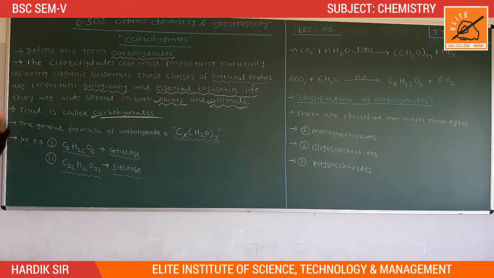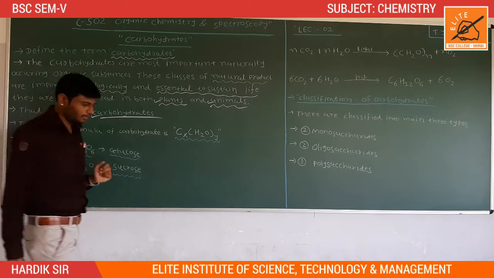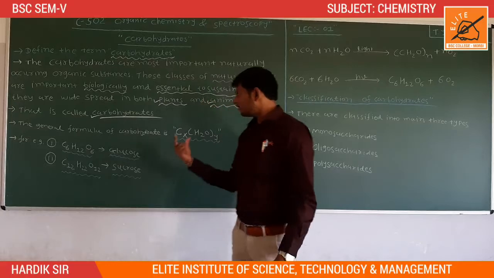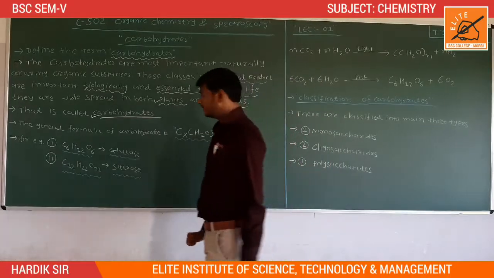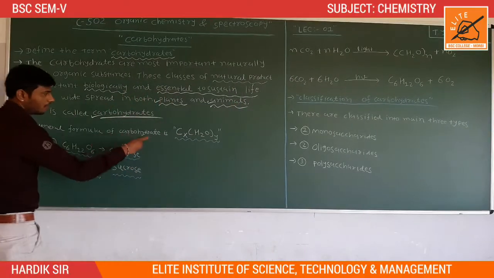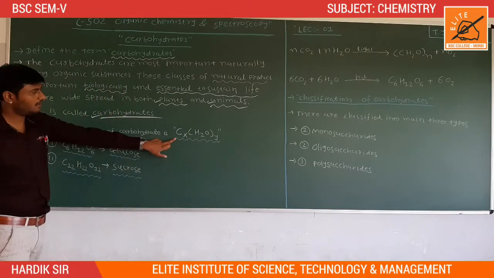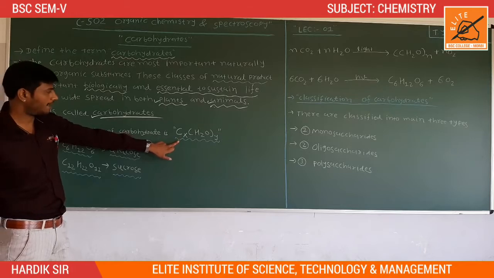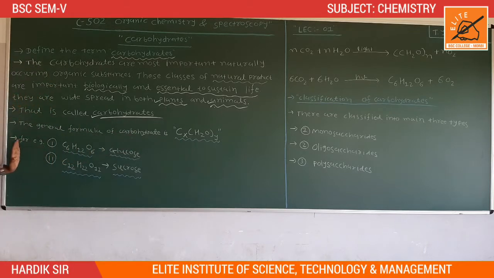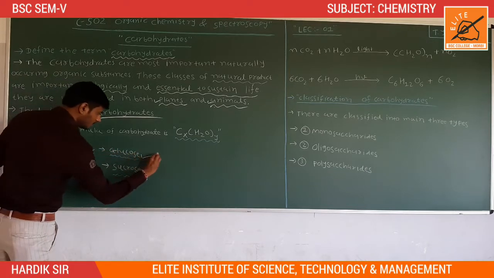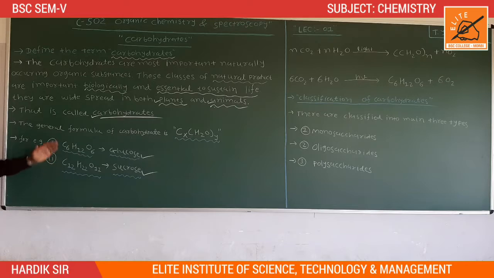Now we will learn about the formula of carbohydrates. This is the general formula of carbohydrates, CxH2yOy. Examples of carbohydrates are, first, glucose and second, sucrose.